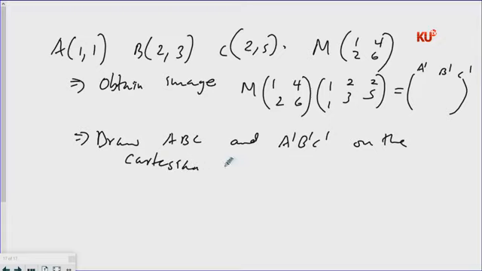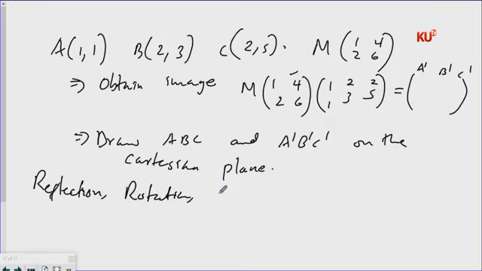After you've drawn on the Cartesian plane, compare and see whether the matrix M fits as a reflection. Work it out and see if it's a reflection, if it's a rotation, if it's a translation. If it's not a translation, it will be an enlargement.